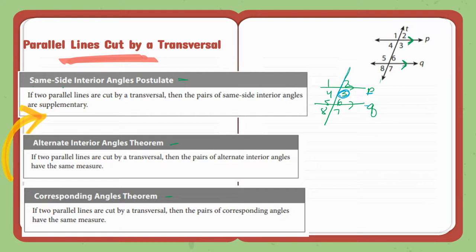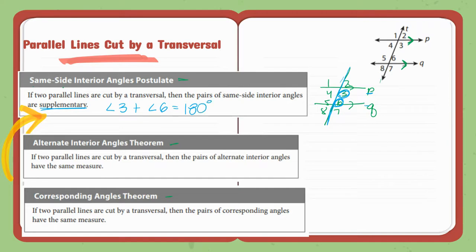And same side interior angle. Same side means I'm going to stay on the same side of the line. So do not cross over. Cross over means alternate, right? Same side interior. The only other interior angle that's on the same side is angle 6. And the comparison about same side interior angles is that they are supplementary angles. So supplementary is an old vocab word from a couple of days ago.